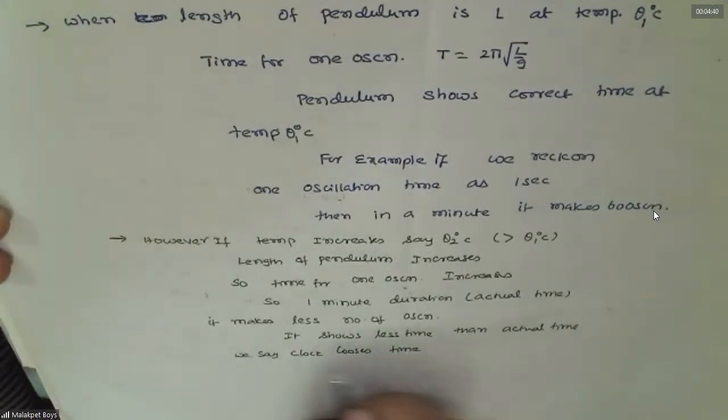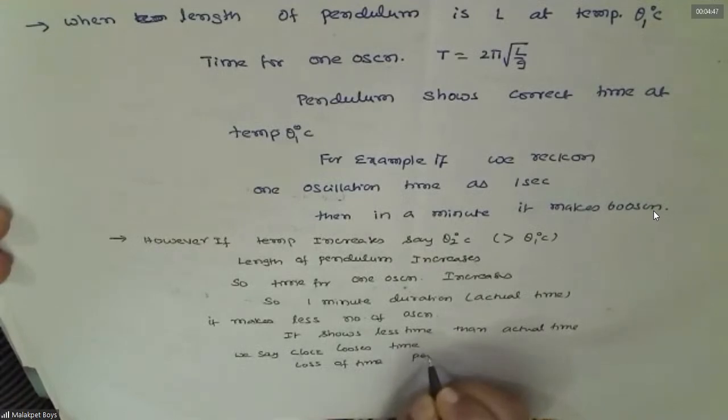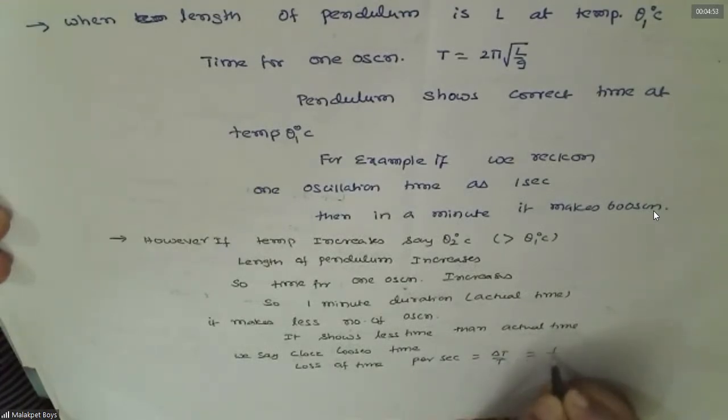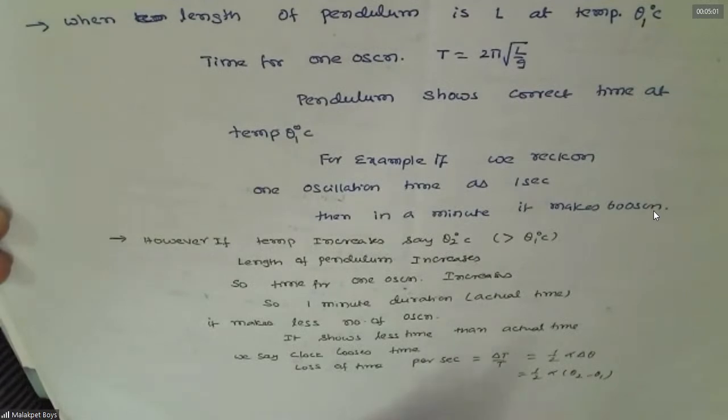Agreed? Now we have seen the loss of time per second is nothing but 1 by 2 alpha (theta 2 minus theta 1). Remember this?